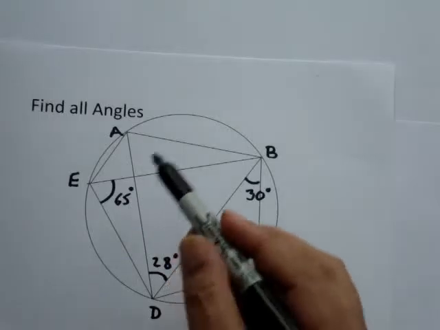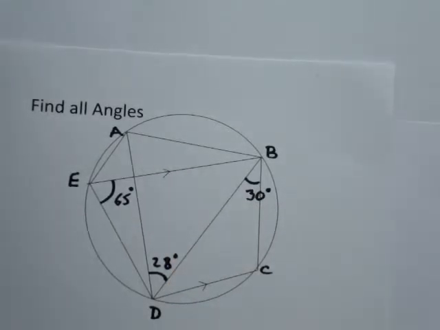Then we have several chords, and from the angles in the same segment we get the angle ADB is 28 degrees. Angle DEB is 65, so that equals angle DAB, that's 65.